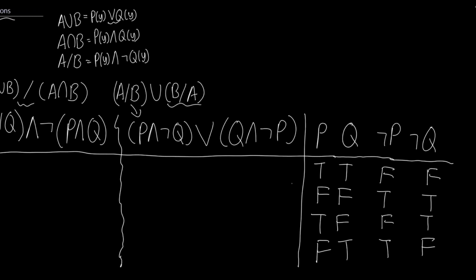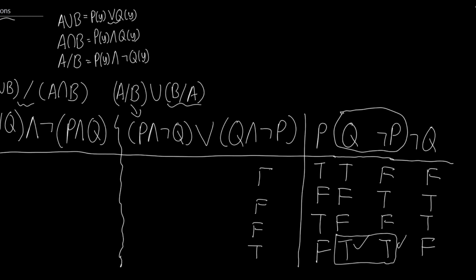So let's begin. Q and not P, right? So these two guys. So that's the fourth row. Only the fourth row satisfies both. So only the fourth row is true, while the rest of them are false. All right, what about this guy over here?